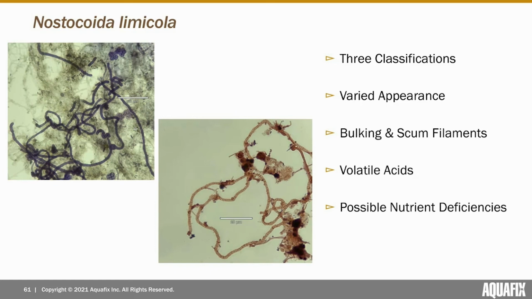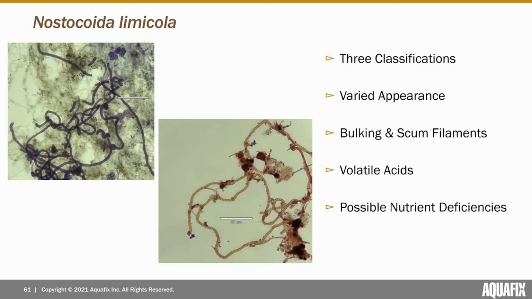These filaments stain Neisser positive, however their strength can vary. If abundant enough, these filaments have been known to cause bulking in a thin scum layer. Limicola is typically observed in conditions with volatile acids and possible nutrient deficiencies. However, the environmental conditions are not all defined and can potentially differ between all 3.